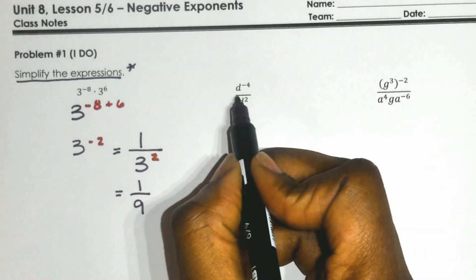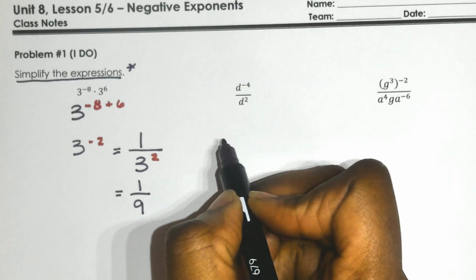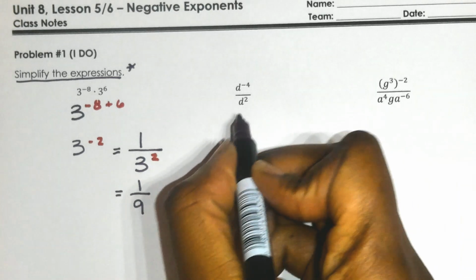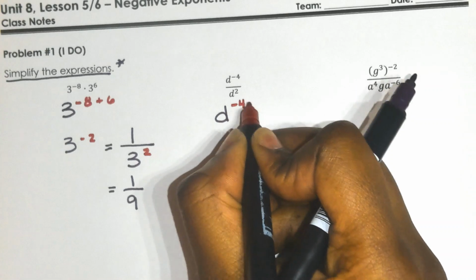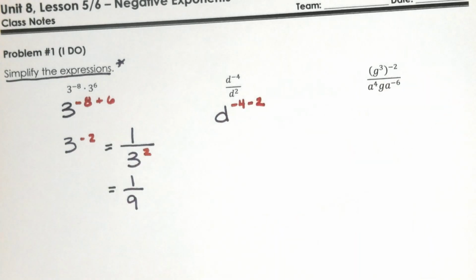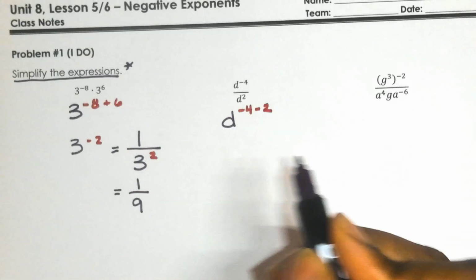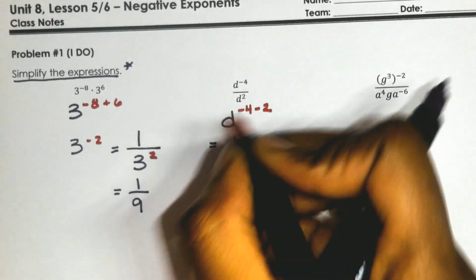Alright, second question, I have d to the negative 4th power divided by d to the 2nd power. And this is division. So I'm going to use the quotient of powers property, which tells me to keep the base and subtract the exponents. So keeping the base as d, subtracting negative 4 minus 2, that gives me d to the negative 6th power.